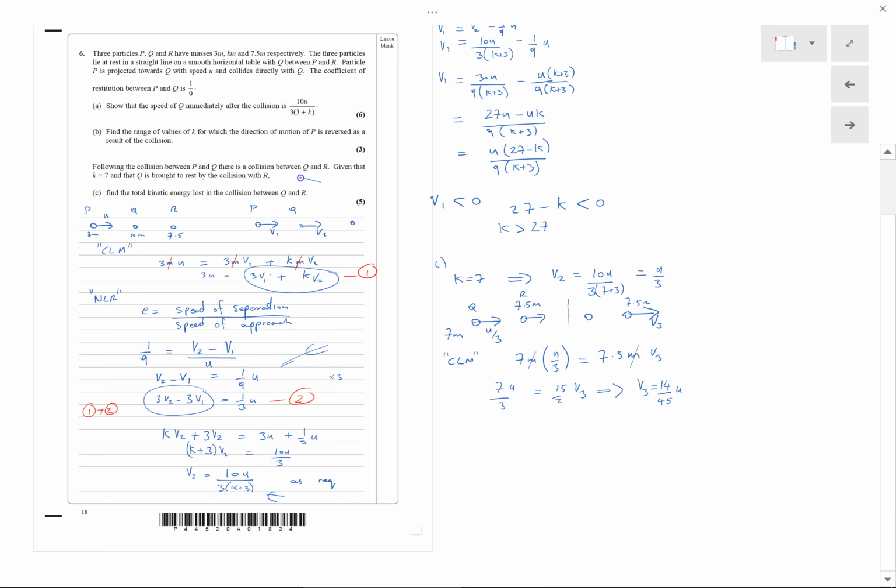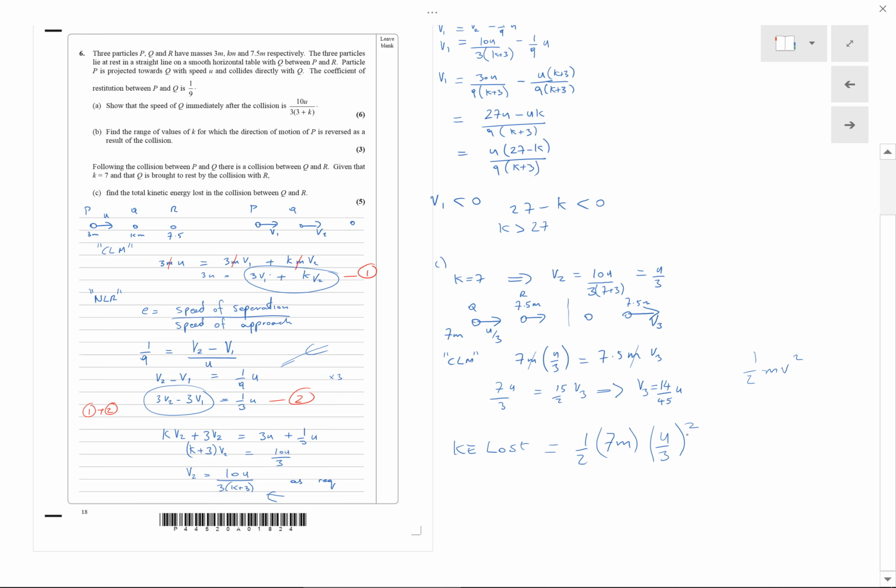Right, so now let's just make sure we answer the question correctly, because often they talk about the total kinetic energy lost throughout both collisions, but here it's only the collision between Q and R. So the KE lost is going to be the initial KE, which is equal to half mv squared, just in case you don't know the formula for kinetic energy, half times 7m times u over 3 squared.